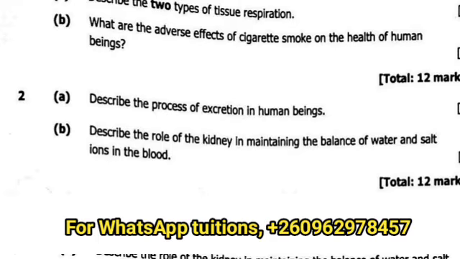And then you talk about the 4 stages which happen during excretion in human beings, especially by the kidney.